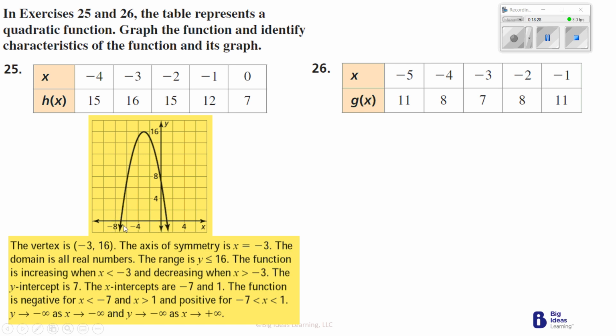It crosses my x-axis at, well, it looks to me, well, this is going to be, when x is, let's see, if this is 4, and this is 8, this must be 6. So this is probably 7. Okay, it crosses it at 7, it looks like 1.